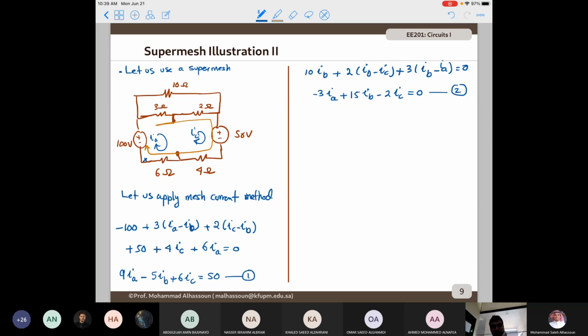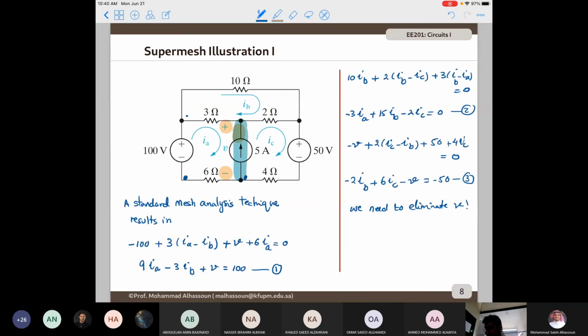I cannot solve this system. This system has infinite number of solutions. So in order to find a unique solution, I need to go back and relate the current source to the mesh currents here, simply by applying KCL.